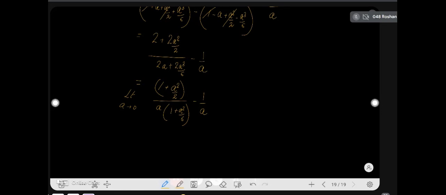Then this factor a becomes 0, and it is 1 by a minus 1 by a. So what we are going to do here is first increase the factors, that is, the number of terms. Then the difference becomes justified to be equal to 0.